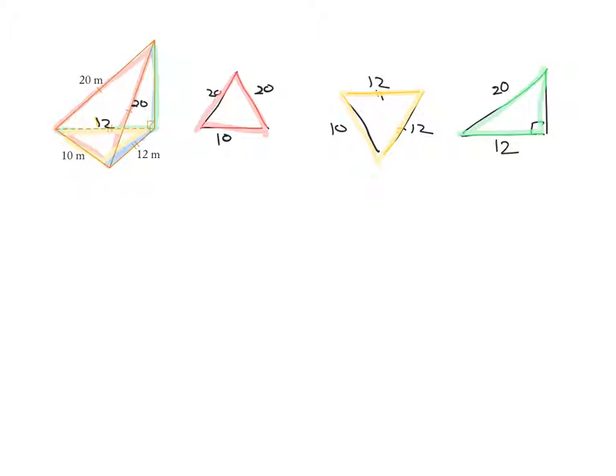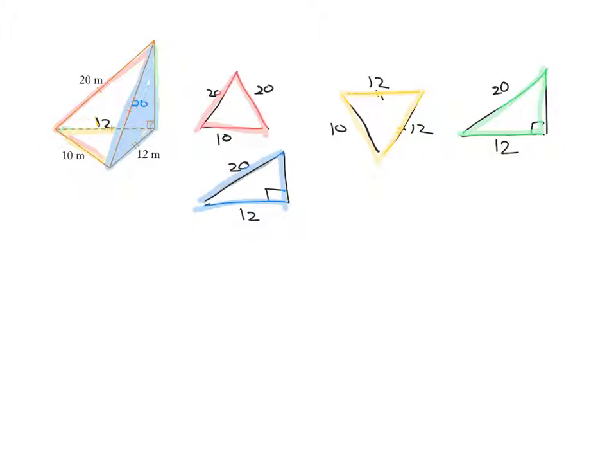And then I've got the blue one left. Now with the blue one, again it's 20 by 12. Oops, sorry, I changed it to blue. There's my blue. And just so we've got an idea again of what's happening here, it's actually equivalent to this one here. So you can see the 20 and the 12 and the right angle there.